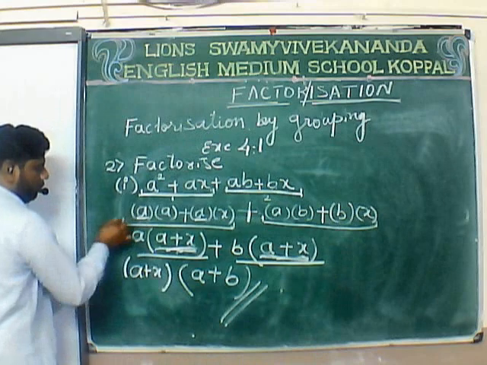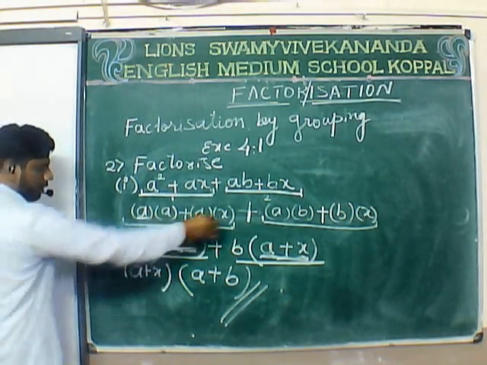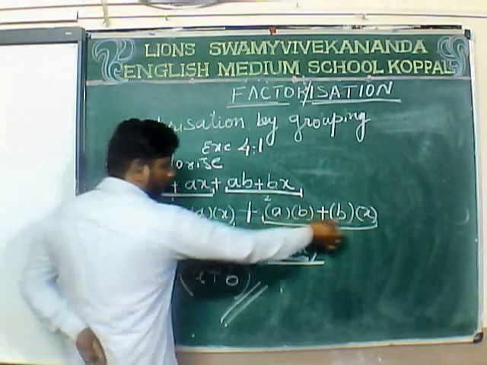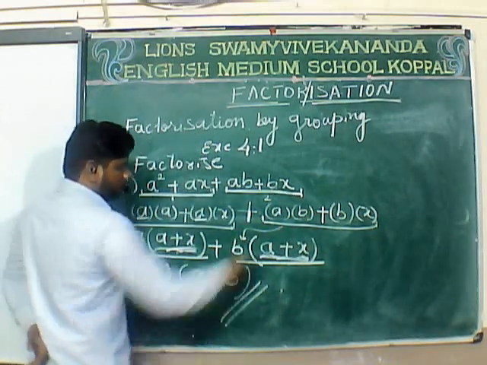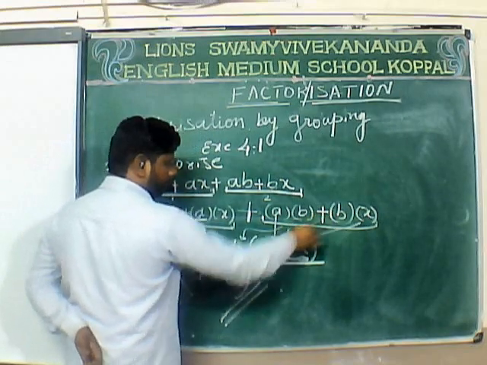In this first group I have the common a, so I took it common outside, and what is left? a plus x is left. Similarly in the second group, what is common? b is common. I took b common outside, so what is left? a and x is left. This plus sign is from here.